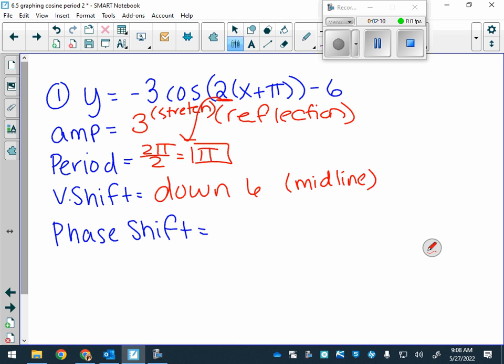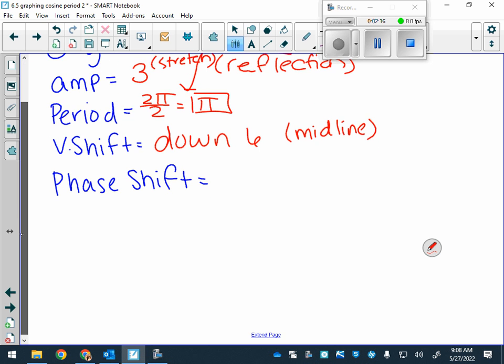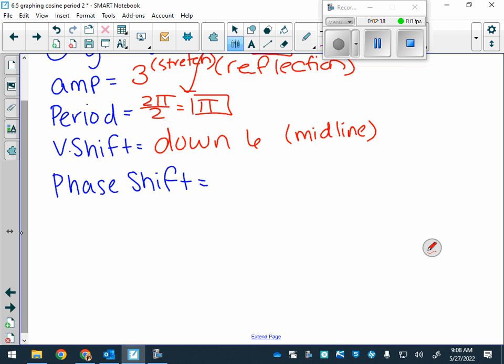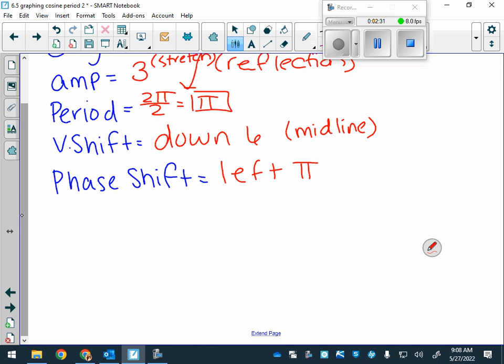Now our phase shift is whatever is in the parentheses, okay? So x plus pi, what direction are you moving in? Left, good. Left, however, now we're moving left radians, okay? So if it is x plus pi, we are moving left.